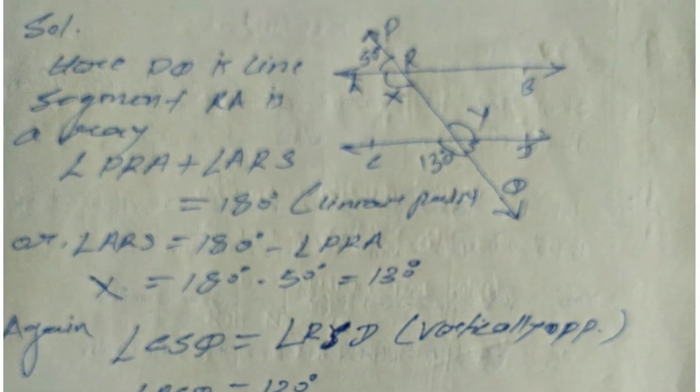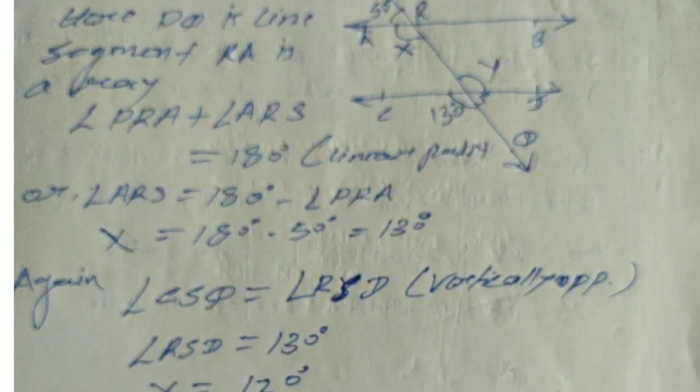PQ is a line segment and RA is the ray. So angle PRA plus angle ARS equals 180 degrees, a linear pair. Angle ARS equals 180 degrees minus angle PRA, or x equals 180 degrees minus 50 degrees, which equals 130 degrees.